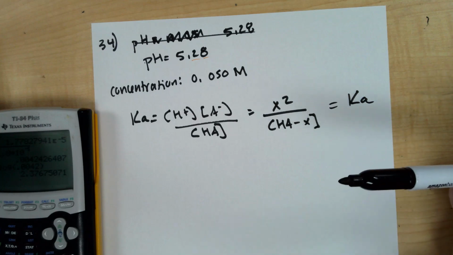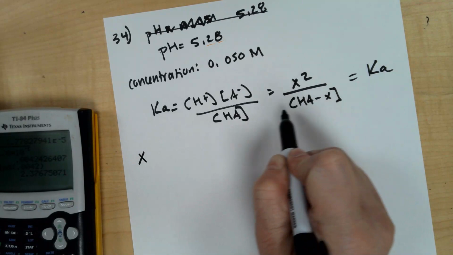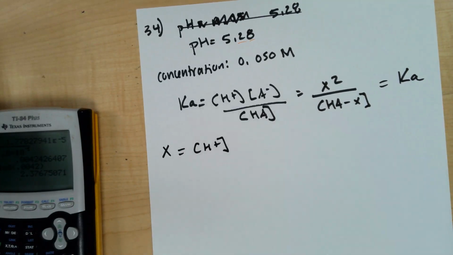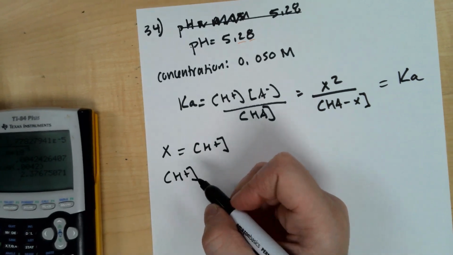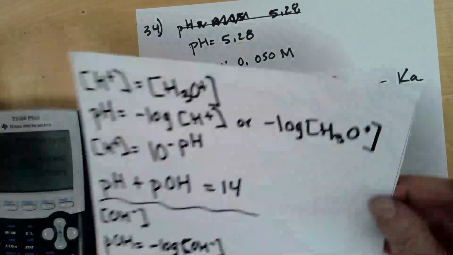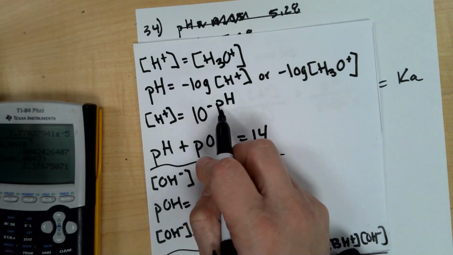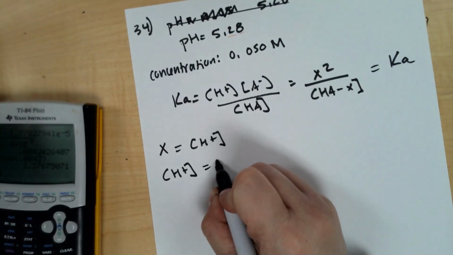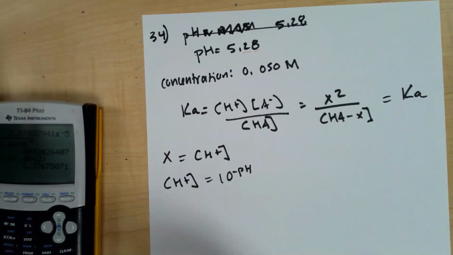But the key to this one is that we know our x in these equilibrium expressions always equals our H plus concentration. And we can get an H plus concentration. If you look at our formula sheet, we can figure out an H plus concentration if we have a pH, because we can do 10 to the minus pH to get the H plus concentration. Well, it gave us the pH in the problem at 5.28.